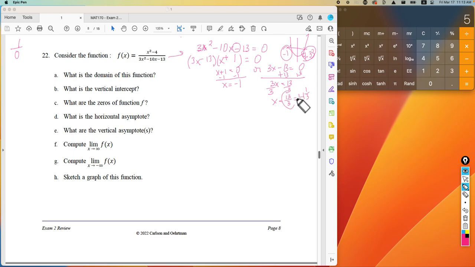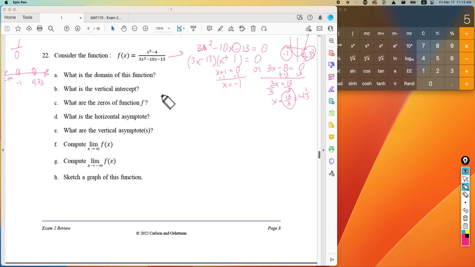Okay, we'll probably just use this one. So what is the domain of this function? Again, we draw a number line. We can use any x value from -infinity to +infinity except for -1 and 4.333. Those are the ones we have to exclude, right?